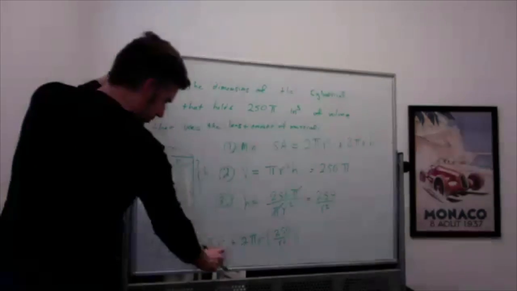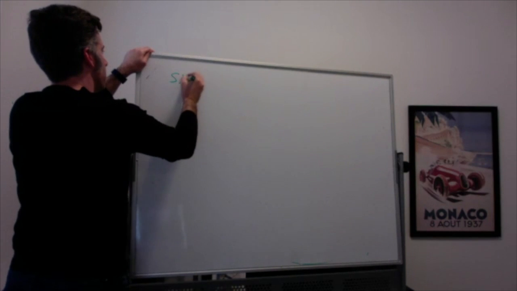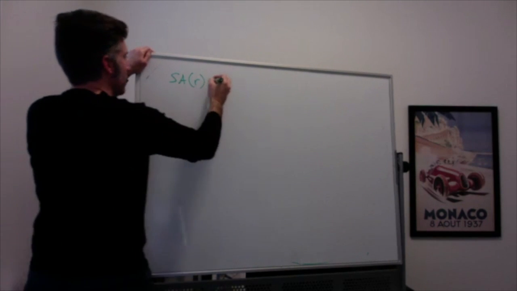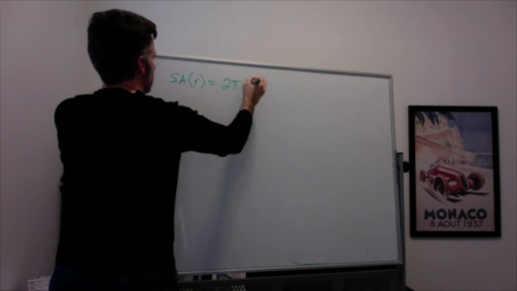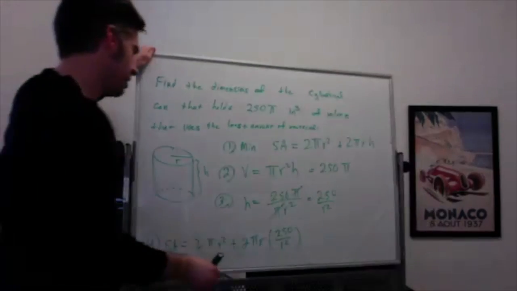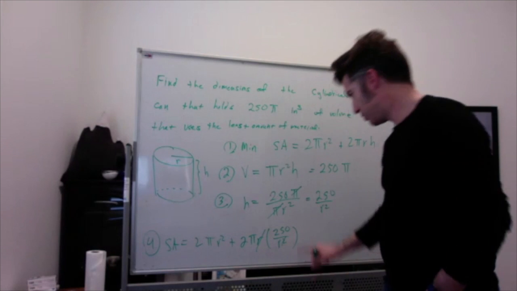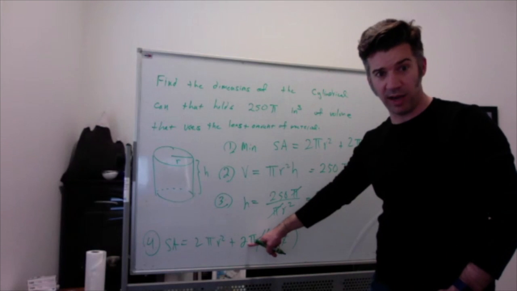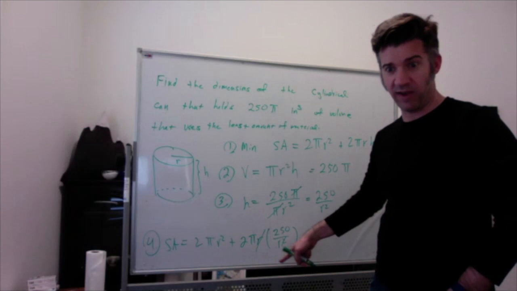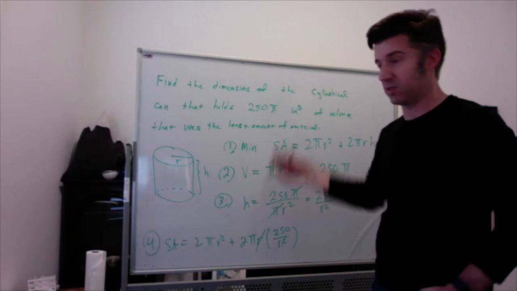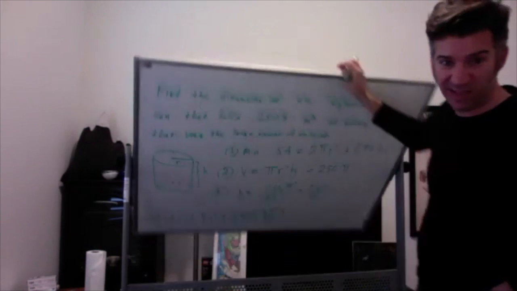So let's go back and see. I'm going to simplify this a little bit. So surface area as a function of radius is 2 pi r squared, and here I can cancel an r. 250 times 2 pi is 500 pi over r, or 500 pi times r to the negative first, which is the way I want to write it if I'm going to have to take the derivative.